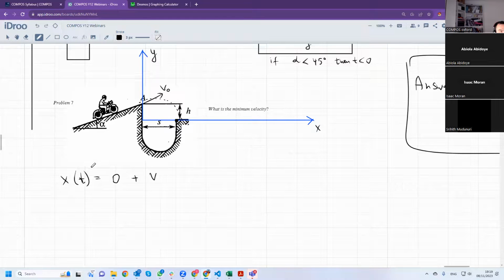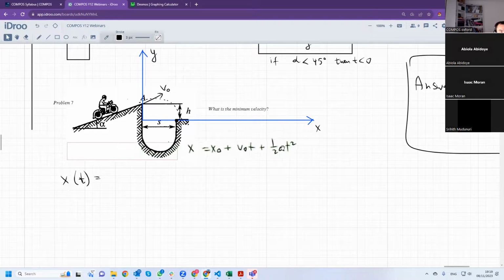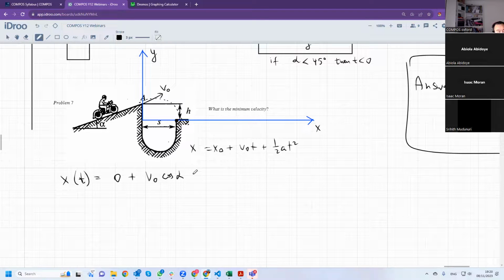Well, I'm just going to say the formula that I'm going to use: X equals x0 plus v0t plus 1/2 at squared. This is a modified Suvat equation, if you remember from the previous webinar. If not, just watch the previous webinars. So x of t is x0, that is 0, because we start from 0, plus v0 cos alpha multiplied by t, plus 0, because the acceleration is 0.